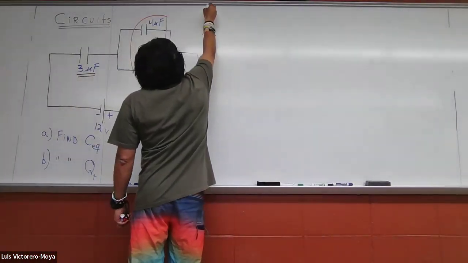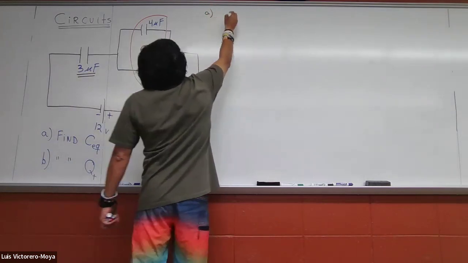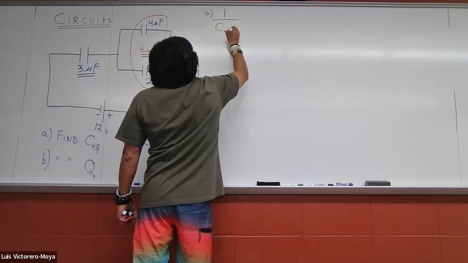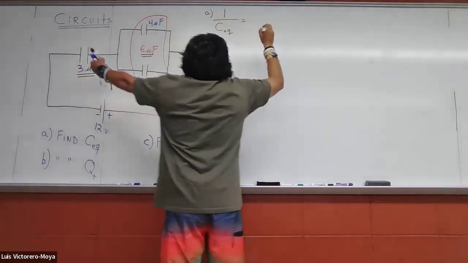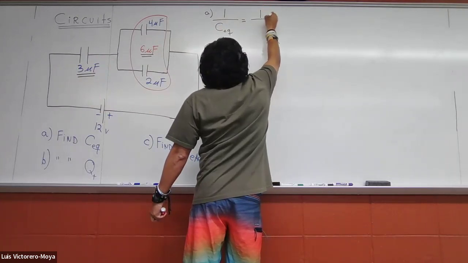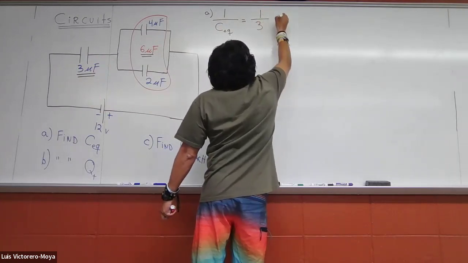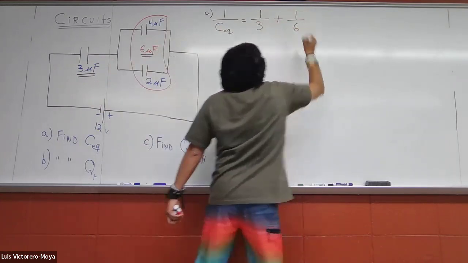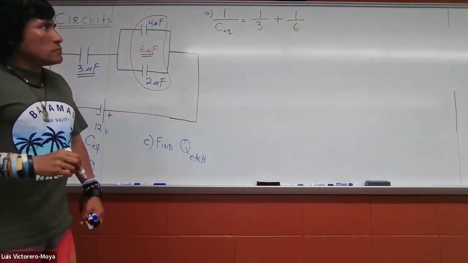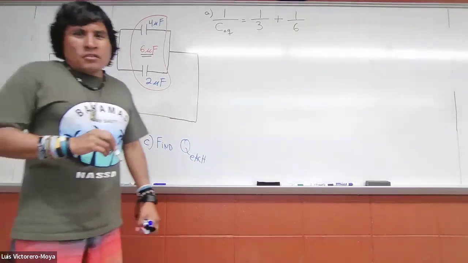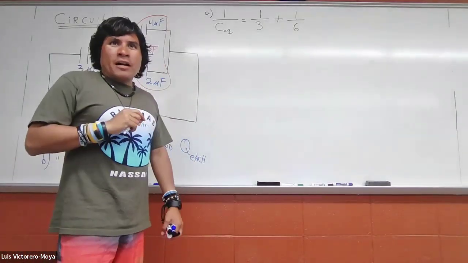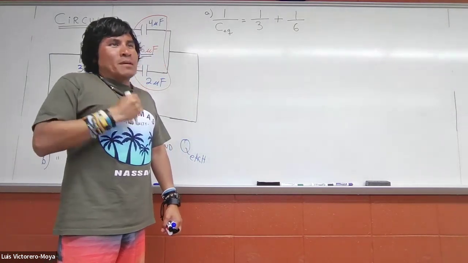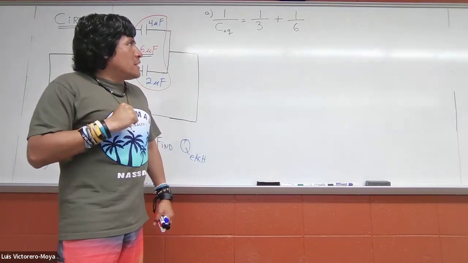So you combine them in series using the equation of the sum of the inverses. So then for part A, 1 over C equivalent is equal to 1 over 3 plus 1 over 6. So in this section, when you do the assignment, be careful because the numbers I'm going to give you are nice and easy like that.